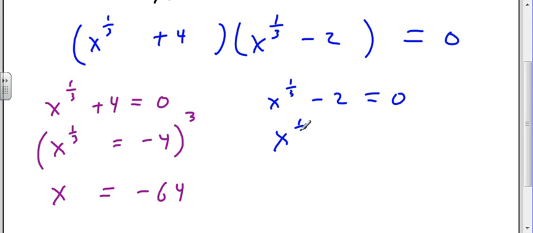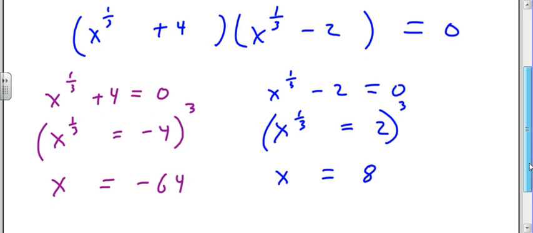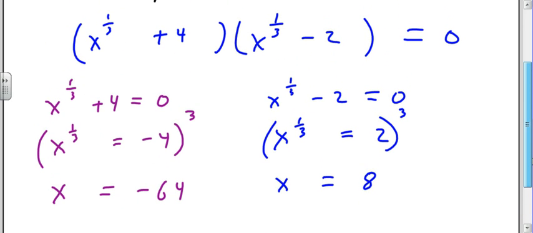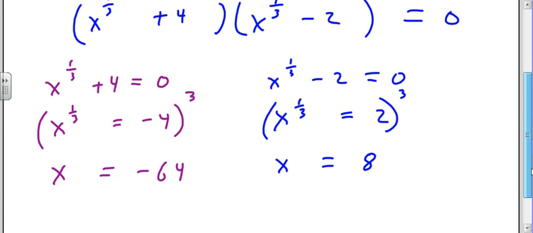X to the 1/3 is equal to 2. I'm going to cube both sides of the equation, and I'm going to have x is equal to 8. So x can be 8, or x can be minus 64.